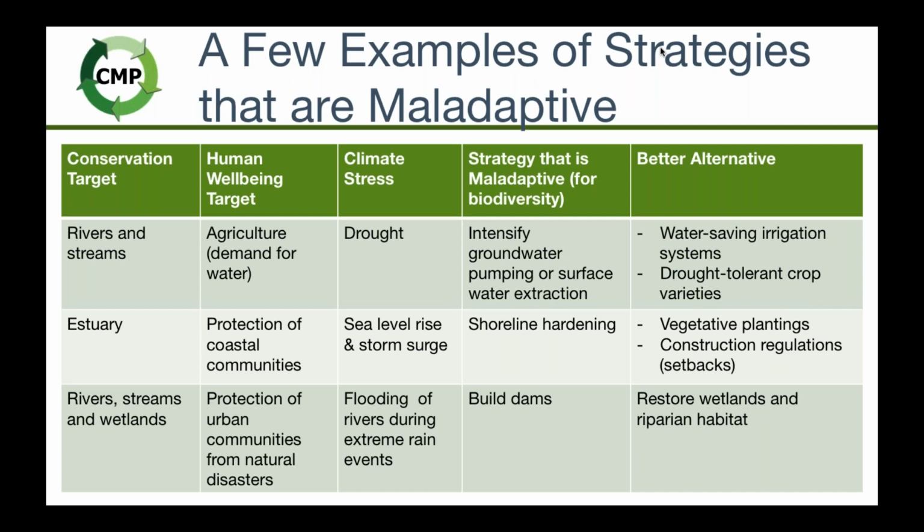Yeah, I think it's a scope question, and another example of why we like to separate conservation targets and human well-being targets and not mush them all together, so that we can understand agriculture can be helpful for humans, but it can also be a threat to the conservation targets. Yeah.